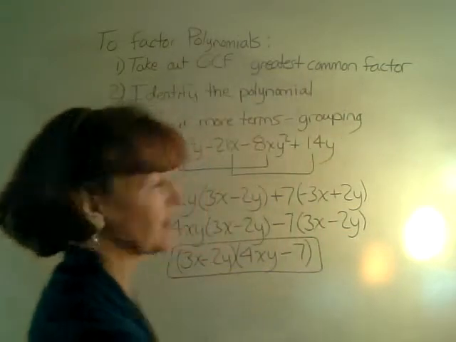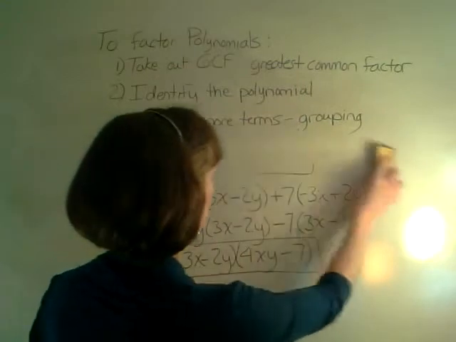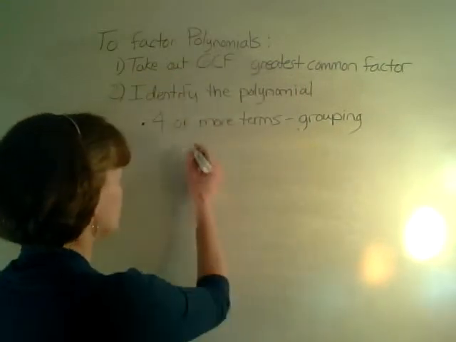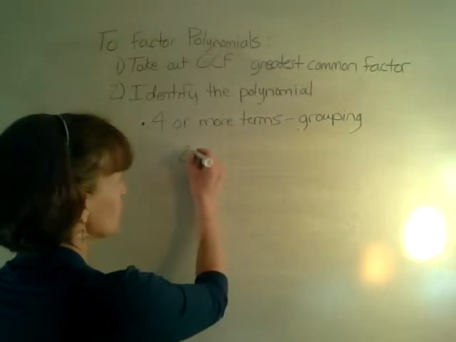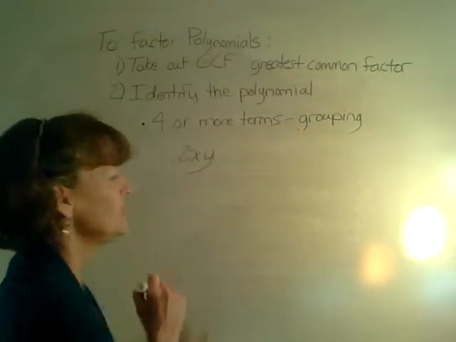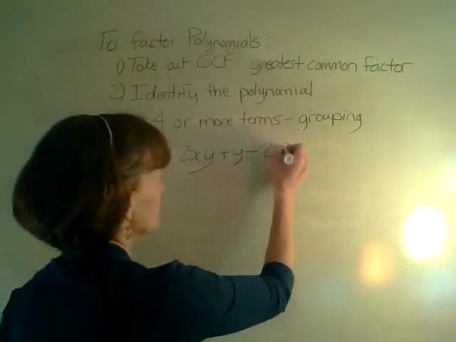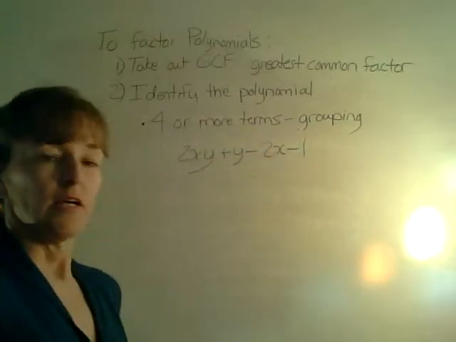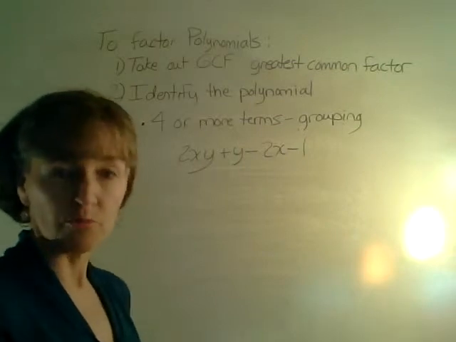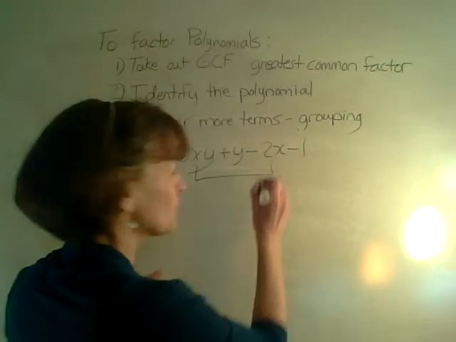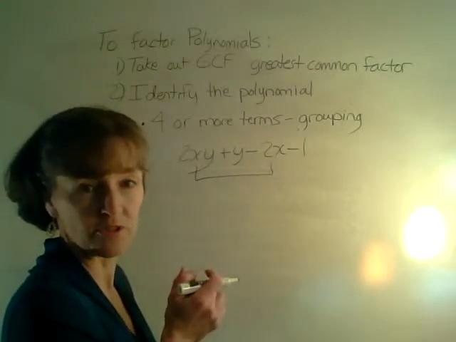All right, let's do one more example. Here's a rather simple looking 4 or more term example. We have 2xy plus y minus 2x minus 1. Now, if I were going to group these, most students would look at this and they would want to group these two terms together because they see that they have a 2 in them.